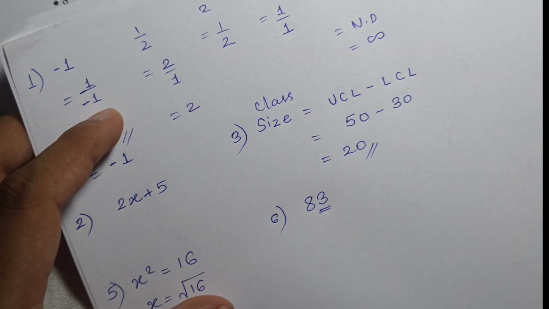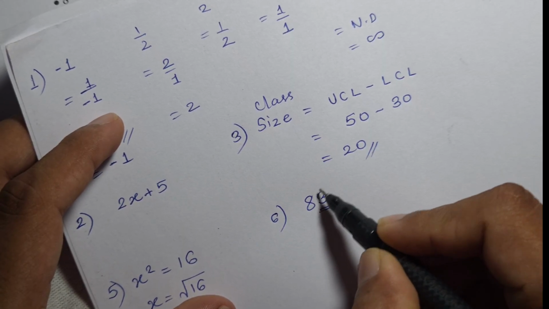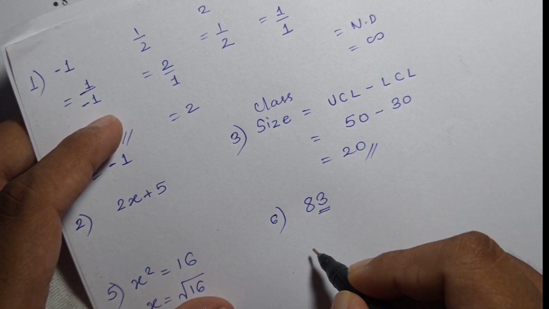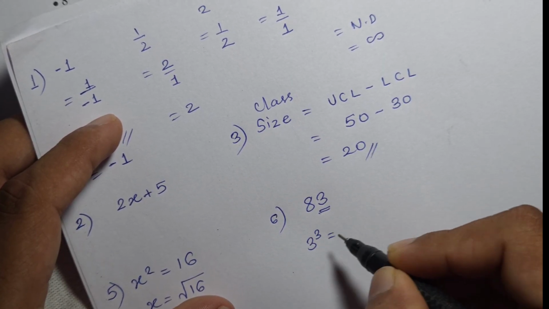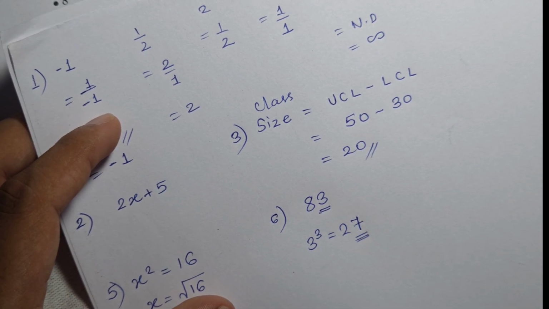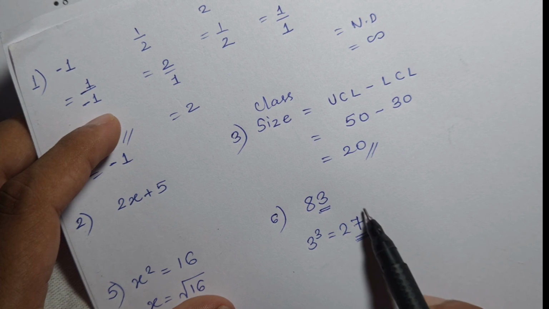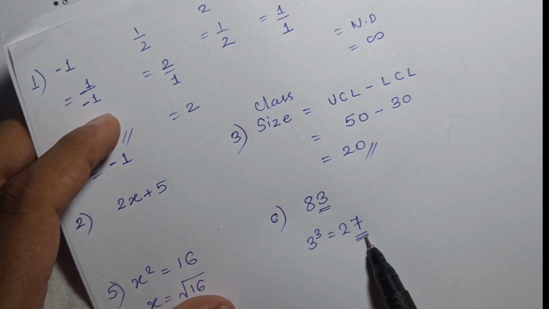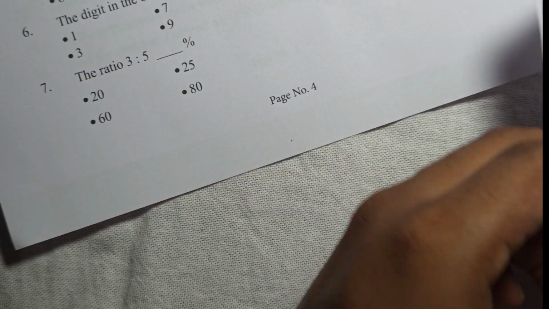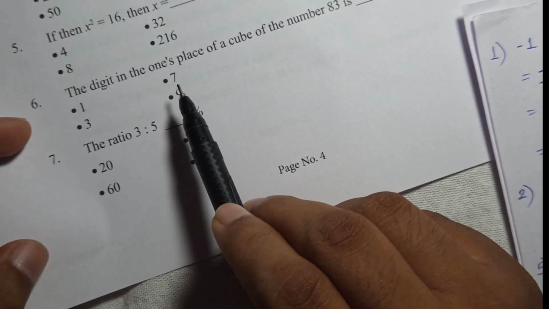Is this unit place? And what is the cube of 3? Cube of 3 is 27. If you see, the ones place or unit digit is giving you 7. Correct? So the correct answer would have been 7. Can you see the option? Yes, 7 is the correct answer.